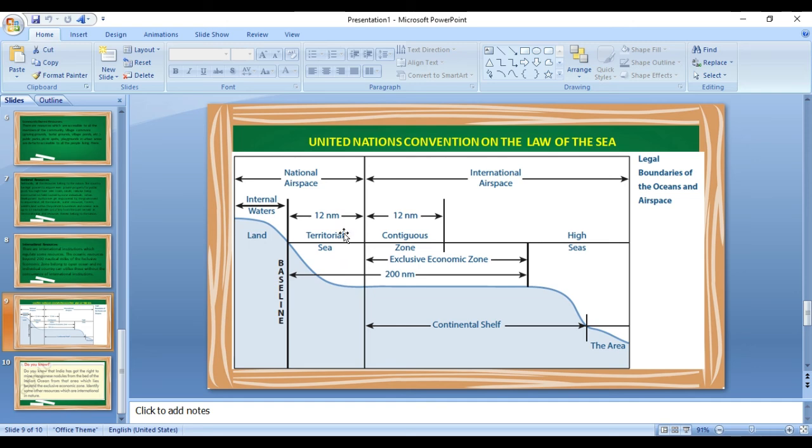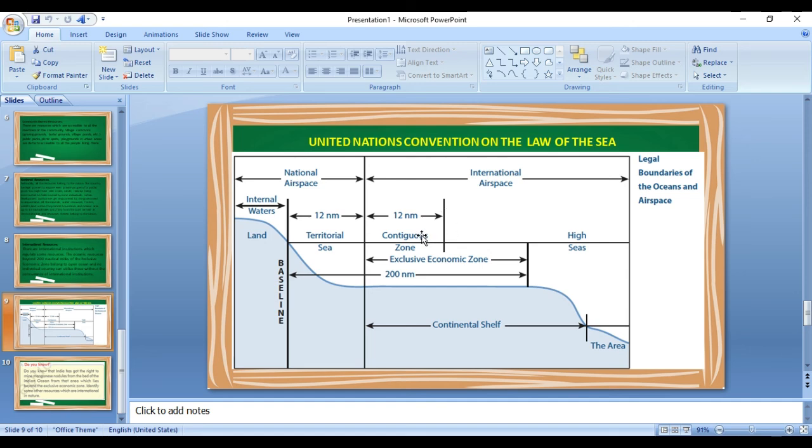That is India. Now, after these 12 nautical miles of territorial sea, we have the contiguous zone. The contiguous zone again comes under the Indian part only, but here we have to understand one thing. In this contiguous zone, that is the next 12 nautical miles, we have the right to collect tax or revenue from the ship that enters here, right?